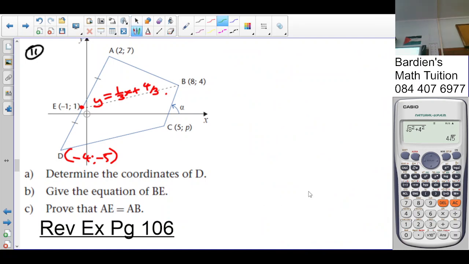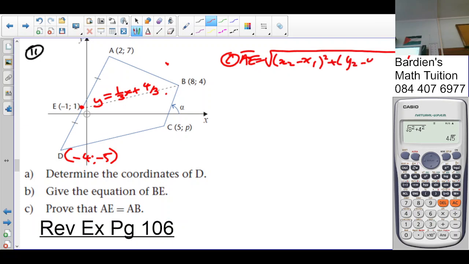Okay, C says prove that AE is equal to AB, which is this line here. So how do I do that? Distance formula. I work out the distance of AE, which is the square root of x2 minus x1 squared plus y2 minus y1 squared.